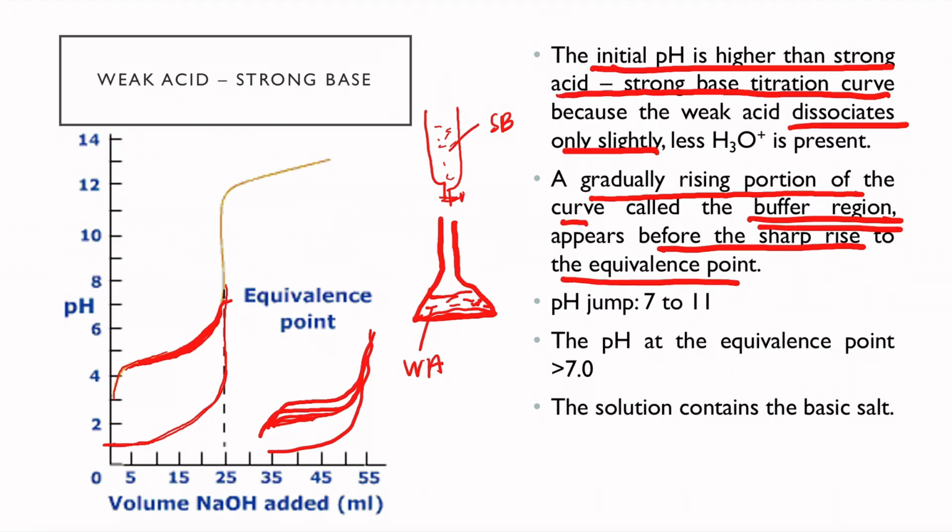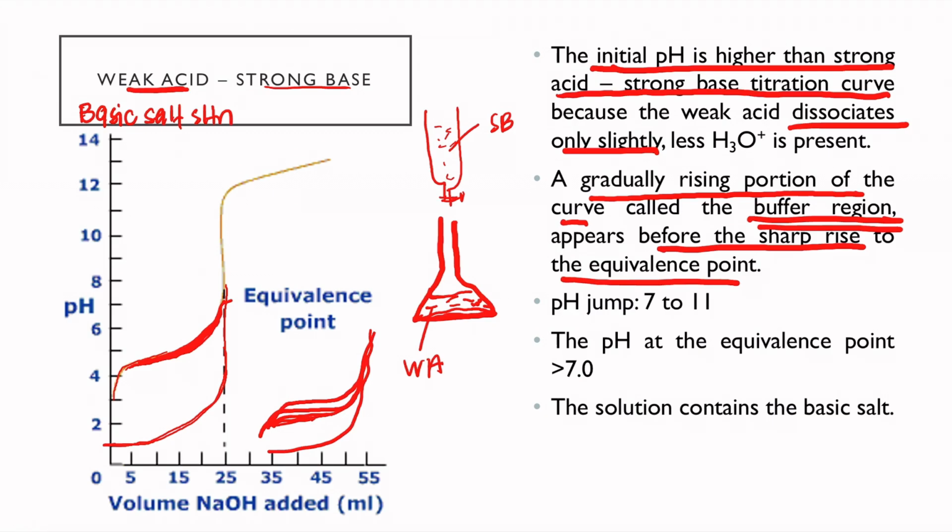So since this is a titration between weak acid and strong base, that means that the salt that you will make is a basic salt, right? So you will have a basic salt solution, basic salt with your water.